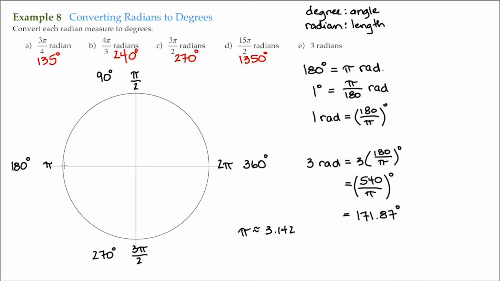And of course, here's 180 degrees, 171 degrees. That's probably somewhere right around here. So this is approximately 171.87 degrees. These measures are exact degrees. This radian measure gives us an approximation. But there you go.